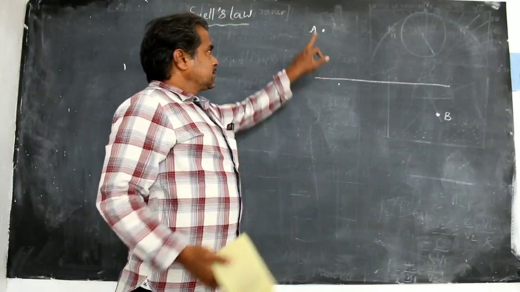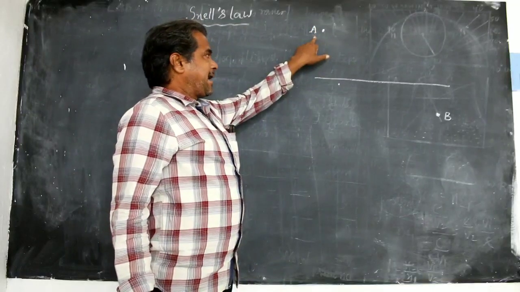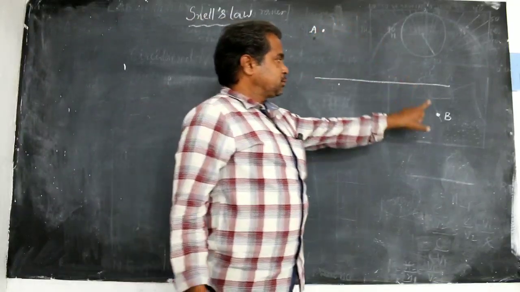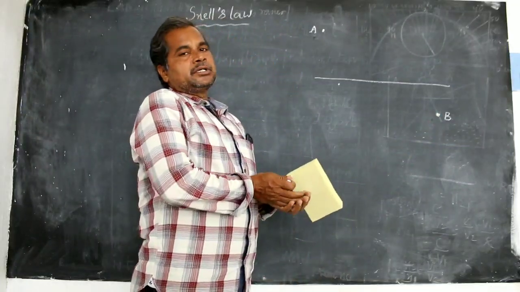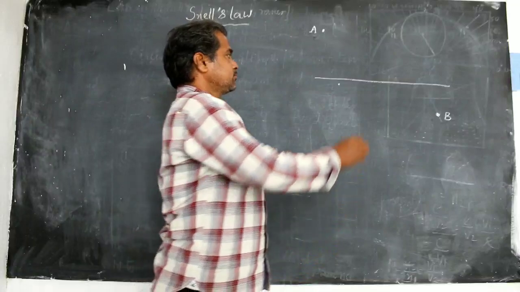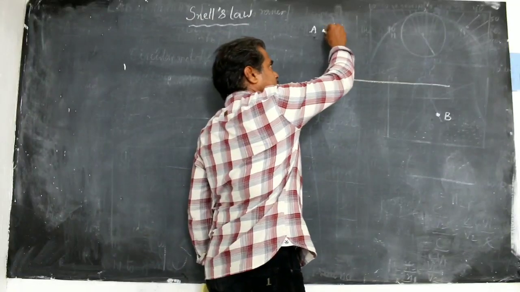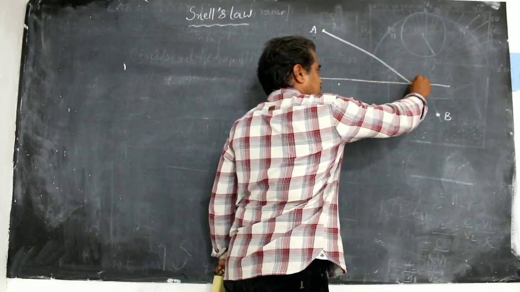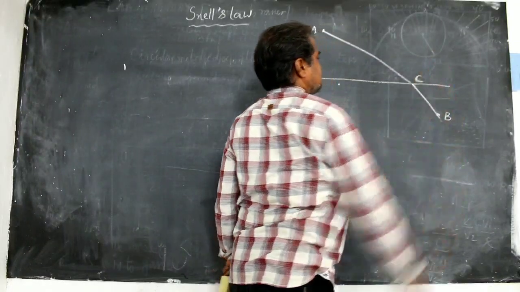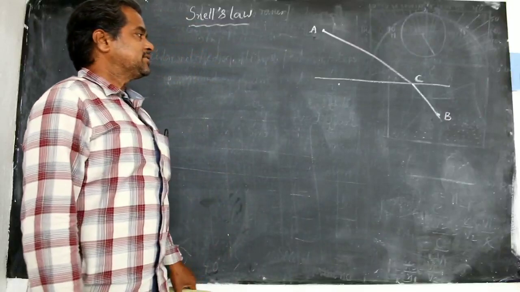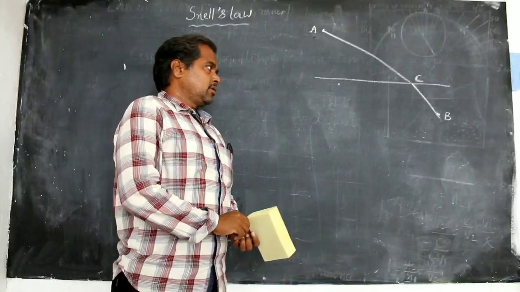When this person travels from point A to point B, which path takes the least time to travel? For example, this path ACB is the least time taken path.